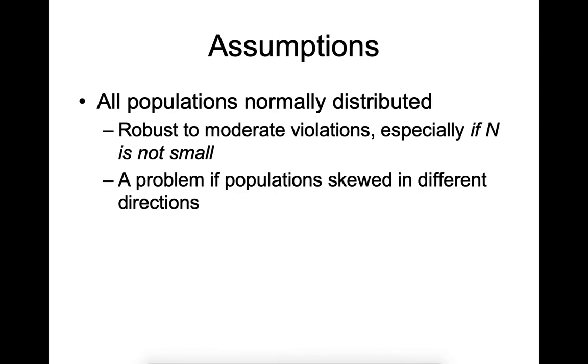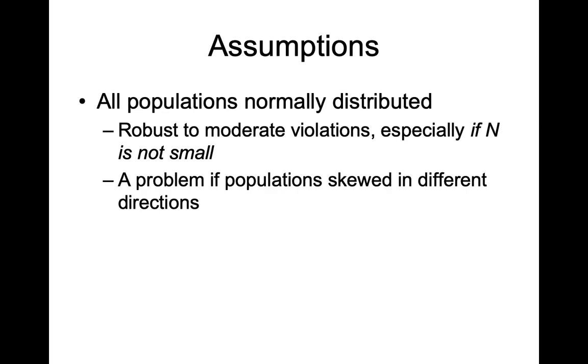Statisticians have determined that so long as you have a big sample size, analysis of variance is robust to moderate violations. There can be problems if the populations are skewed in very different directions.